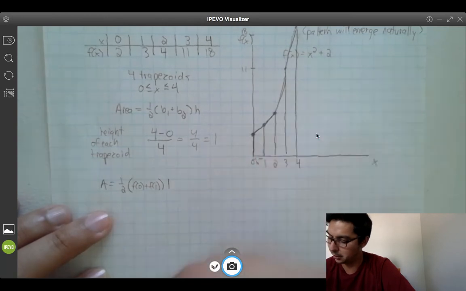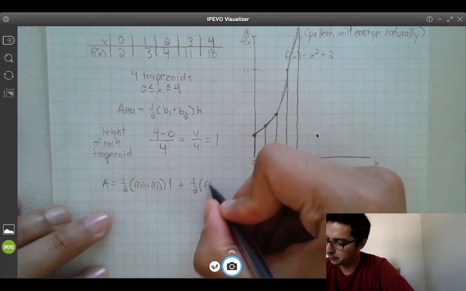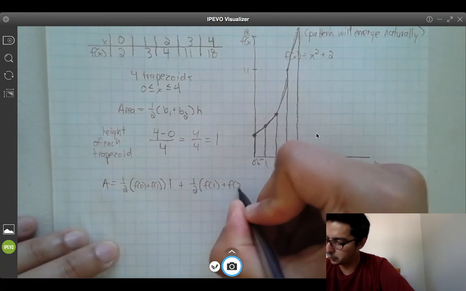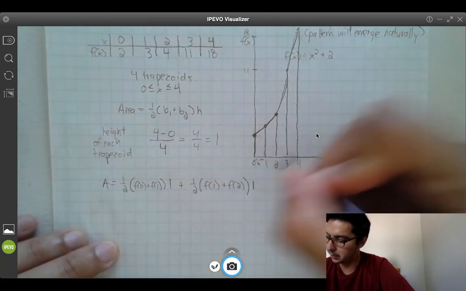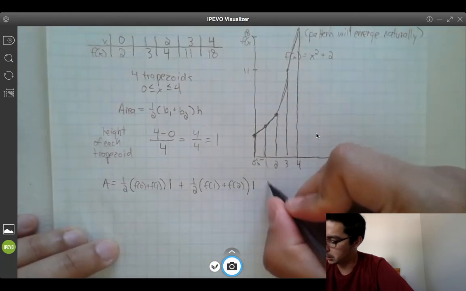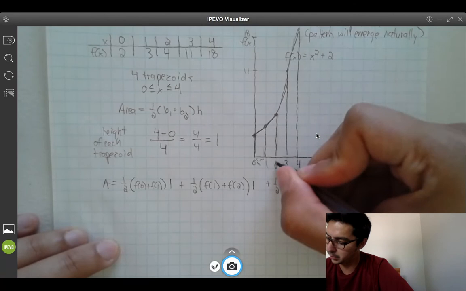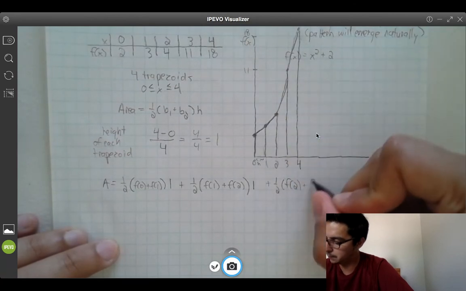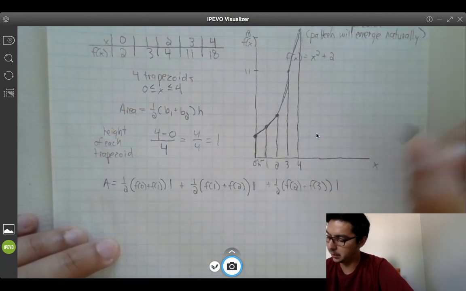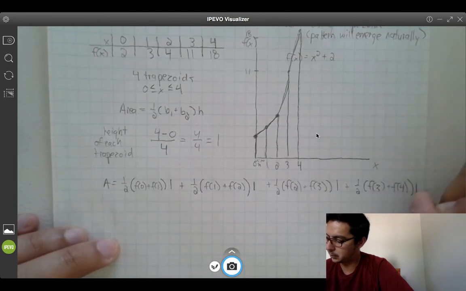That's the second base. The next trapezoid would be f of 1 plus f of 2 times a height of 1, because it's this base plus this base. The next one would be f of 2, this base, plus f of 3 times the height of 1. And the last one would be f of 3 plus f of 4 times the height of 1.